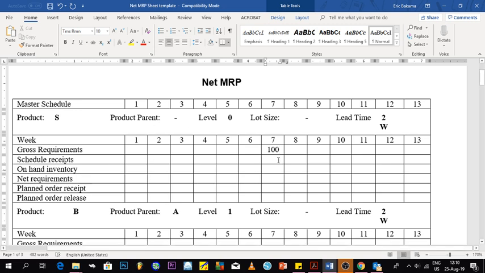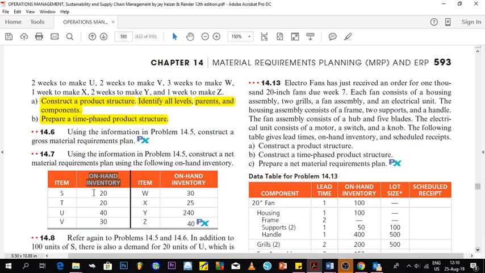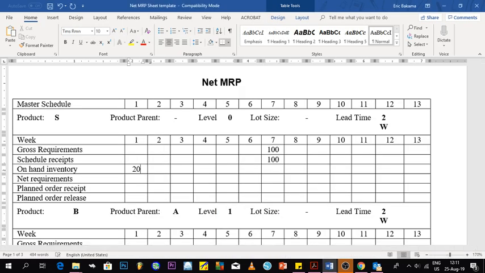So the scheduled receipt is still going to be 100. For the on-hand inventory, we look at the table that we have. On-hand inventory for S is 20 units. So we will put 20, 20, 20, 20, 20, 20, 20. Why are we starting with the 20 from week 1? The principle of the net requirement plan is that the on-hand data is the component that is already in the inventory of the company.